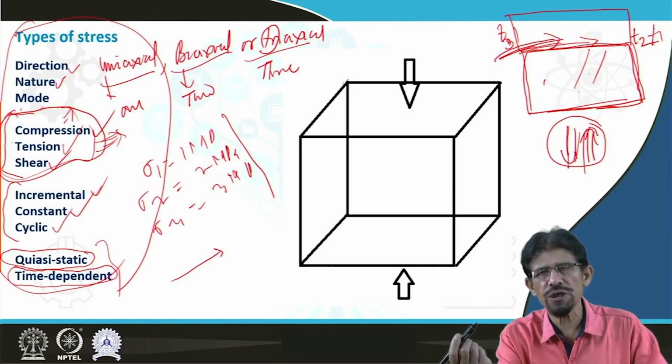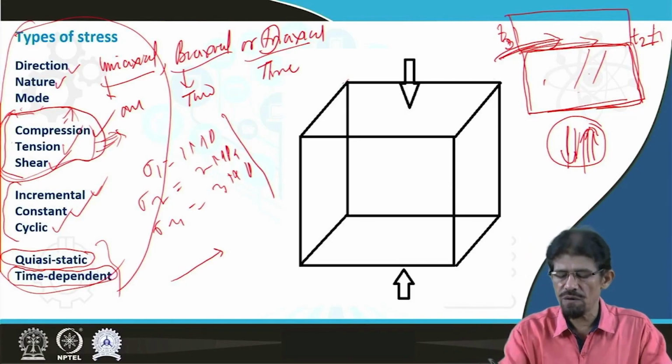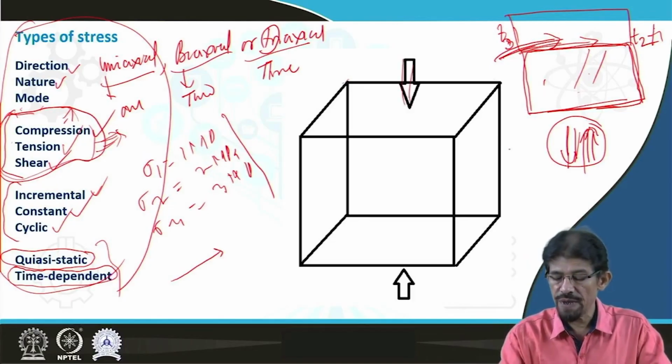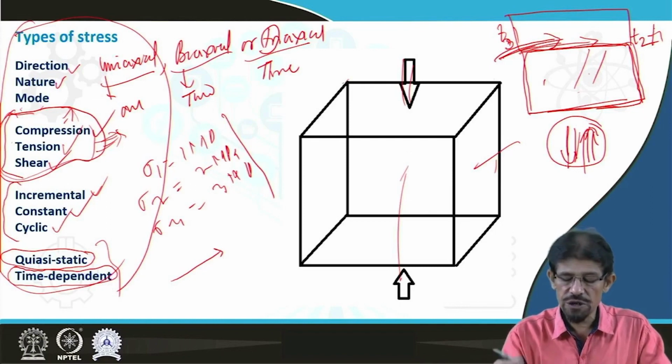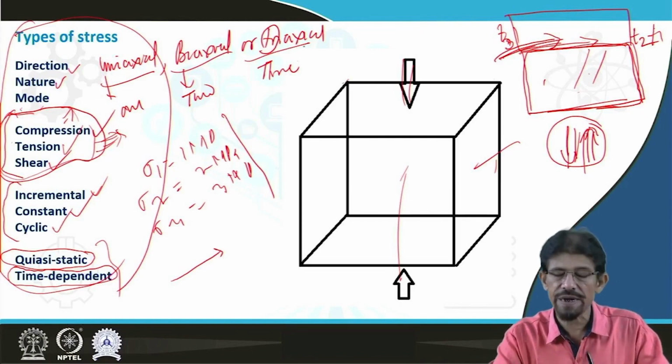In the uniaxial condition, the stresses are acting opposite to each other, away from each other, or tangential to each other in one direction. In biaxial, acting from two sides, and in triaxial, acting from all three sides. So all the sides we recognize as triaxial.